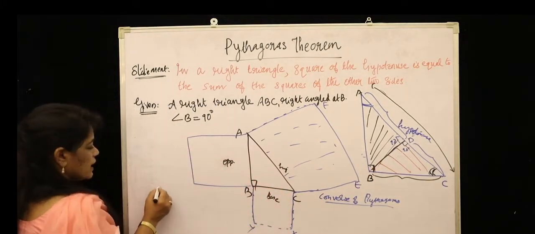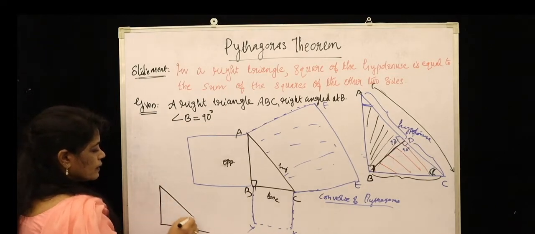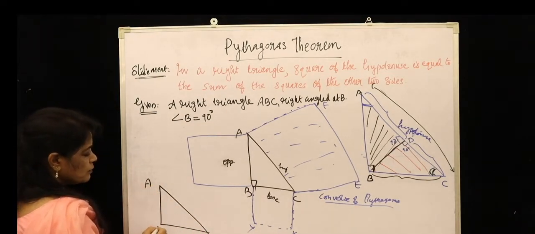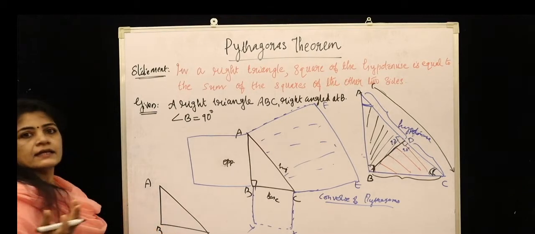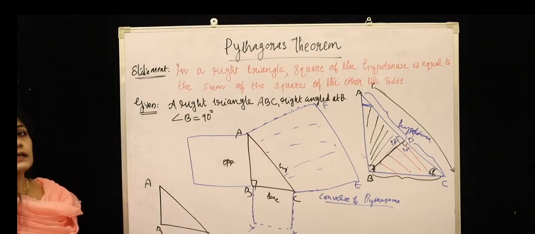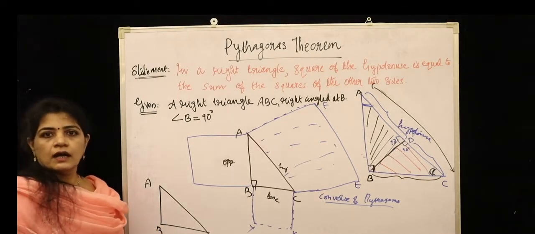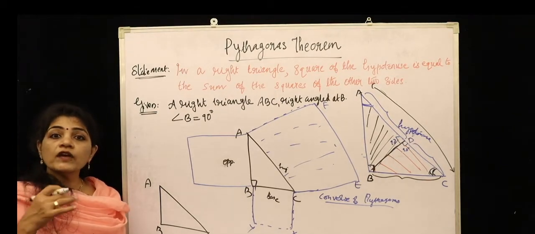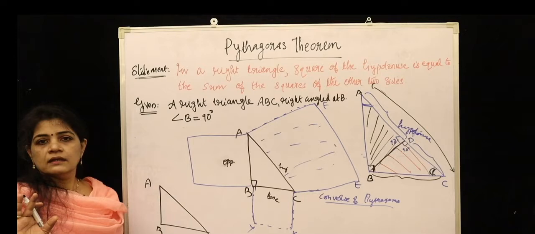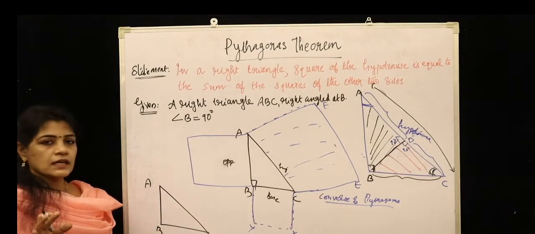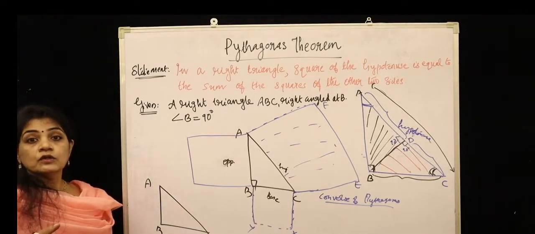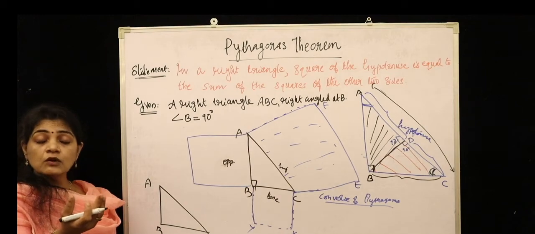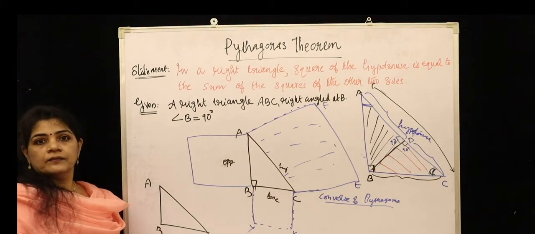See children, a triangle ABC. I am not marking this as a 90-degree triangle. It need not be a right triangle. In a triangle, the sum of the squares of any two sides is equal to the square of the third side.